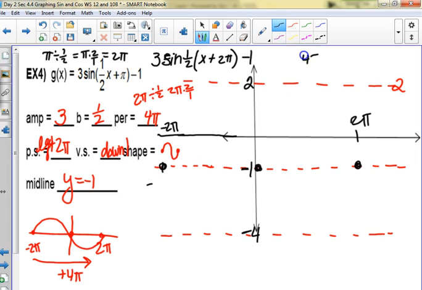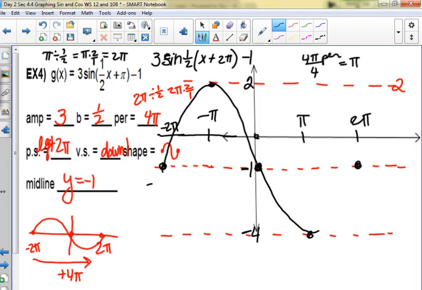The period divided by 4 tells me what I'm going to count by added on to the left shift. This is pi's, yes? So if this is -2 pi, the next important point is going to be negative pi, then 0, then positive pi, and 2 pi. All right, so because it's a sine, it starts here, max, min.